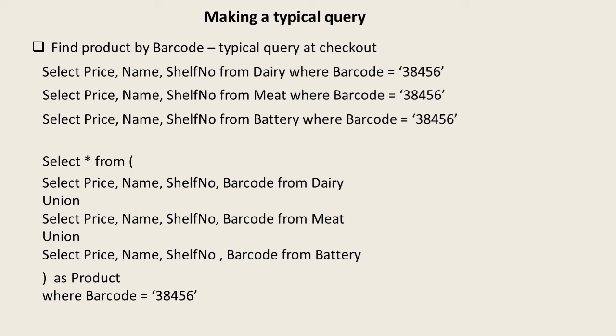First, we need to enclose this series of union statements in parentheses. Then we put select star from at the top, because we're currently selecting from this virtual table. At the bottom, we see that we assign some name to this table. We call it product. This is a virtual table. It only exists in this query, but it has to have some name to work with it effectively.